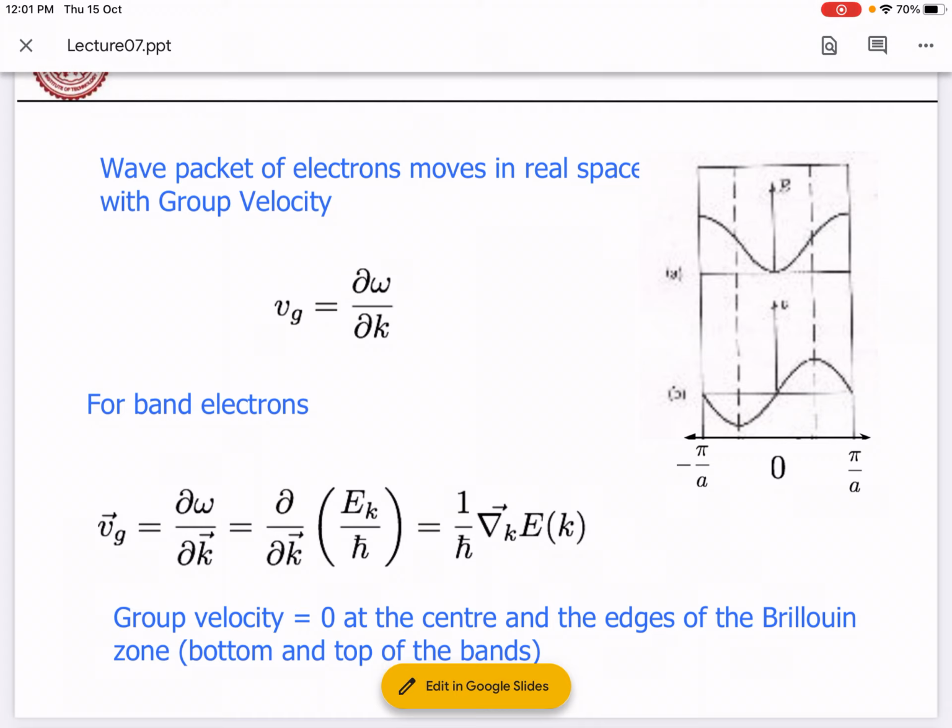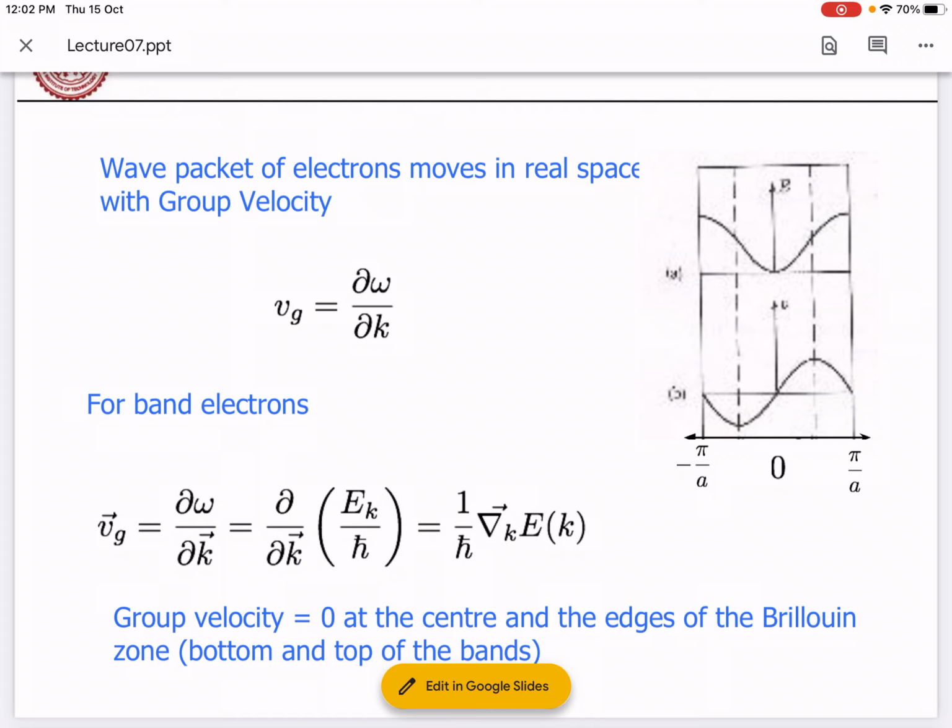Now if you differentiate these, what you see is that the group velocity is 0 at the zone center, right? Because the curve is flattened here, and also the group velocity for the electrons is 0 at the edges of the Brillouin zone, at the zone boundaries, right? So at both pi by a and minus pi by a, which are the k values at the zone boundaries, you see that the group velocity of electrons is 0.